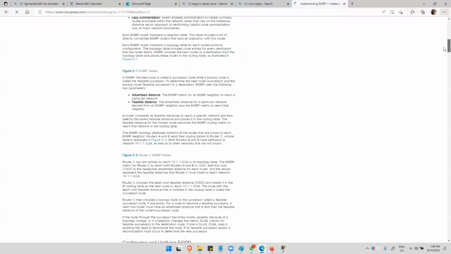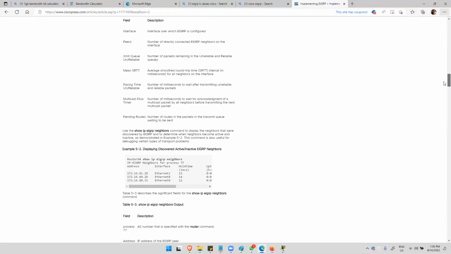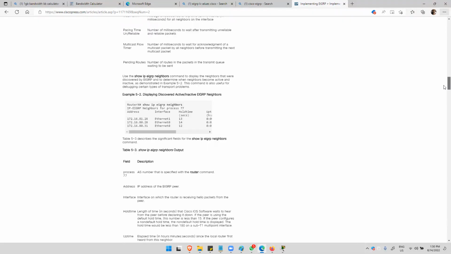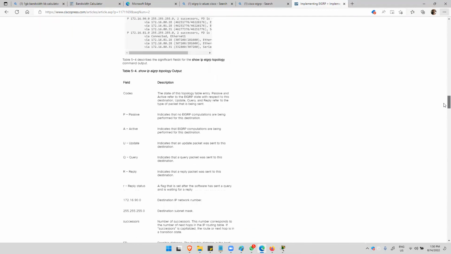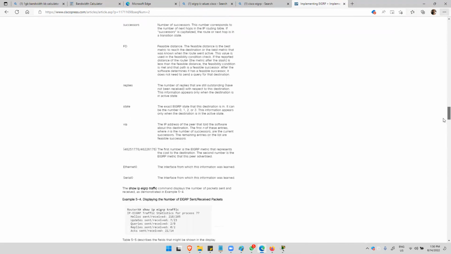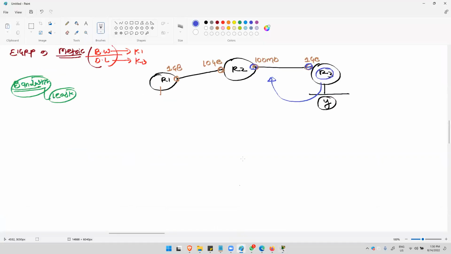I will show you some details. Read this line: the smallest bandwidth between the source and destination. Okay. Right now, this is my scenario.